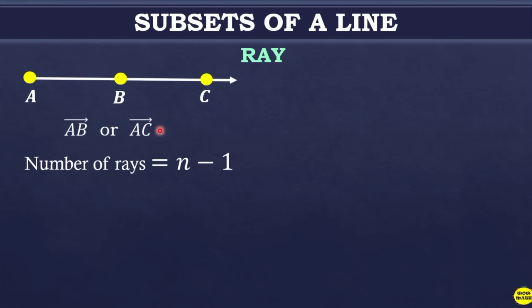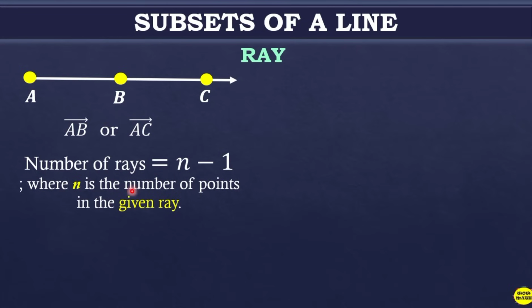Para malaman natin yung bilang ng rays, you can use n-1, where n is the number of points. So, yung n natin dito is 3. Okay? So, 3 minus 1, so that is 2. That's why we have 2 rays here. So, 1, 2. 2 rays po meron tayo.